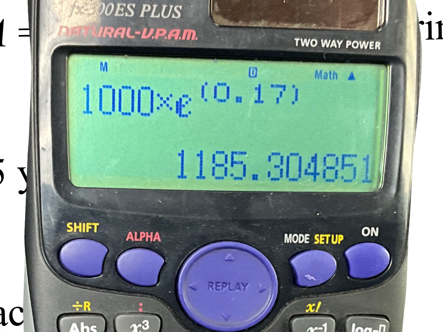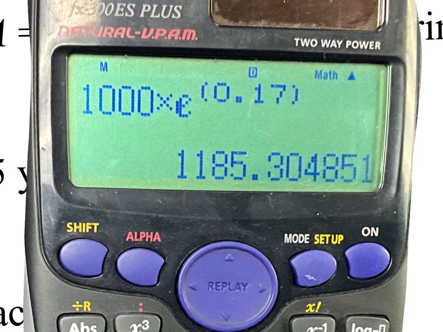So anyway, the formula was A equals the principal, which was 1,000, times e, which is Shift ln, and then up here on the power, if you wanted to, you could have typed in the rate times time and let the calculator do the whole thing. You should get the same answer anyway. I did rate times time on my own, got 0.17, and then I plugged it in, and we got this as a final answer.